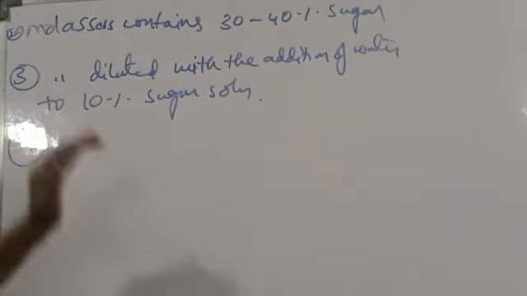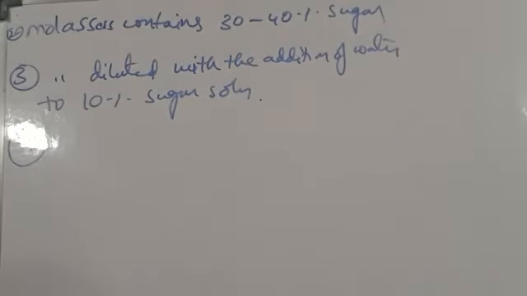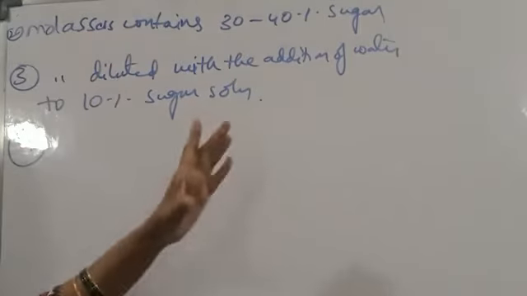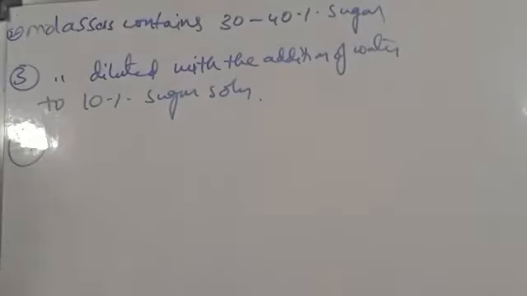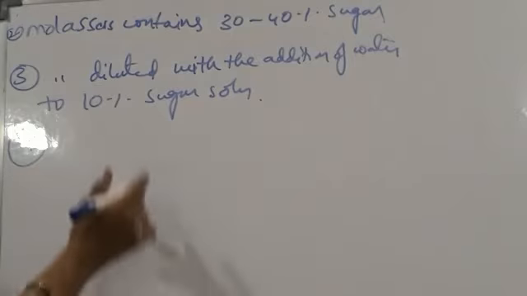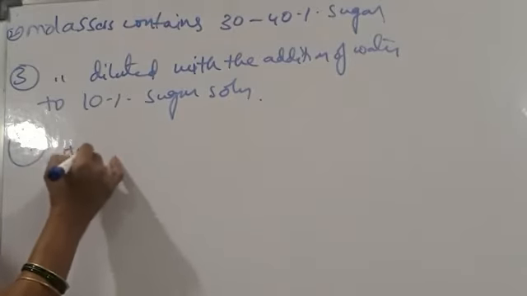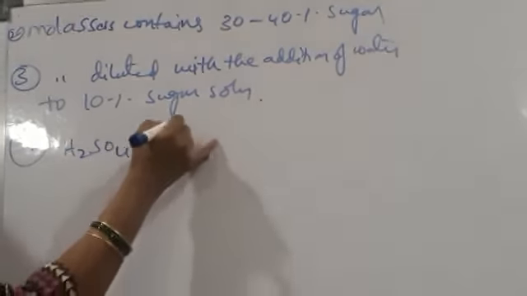Here the purpose of adding H2SO4 is to maintain the pH of the solution at 4. So a 10% sugar solution is there. Molasses on dilution gives a 10% sugar solution, and to this we have to add H2SO4 solution.